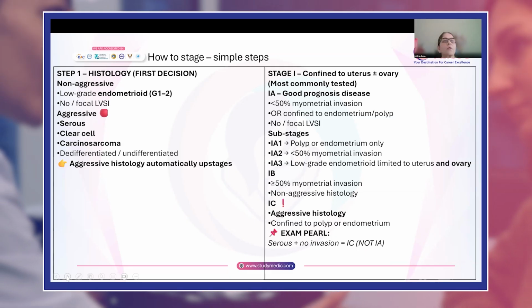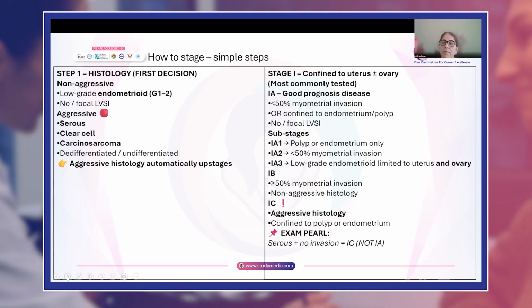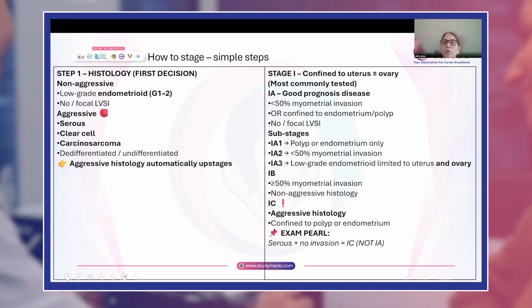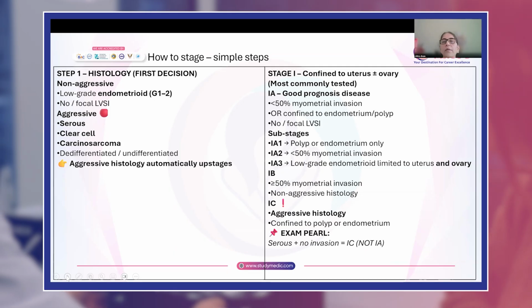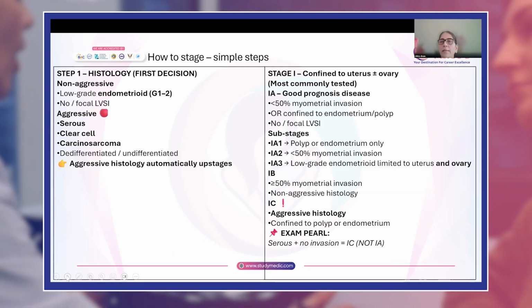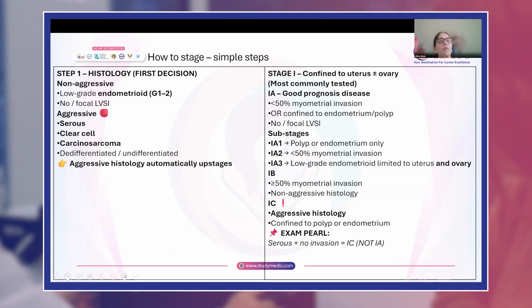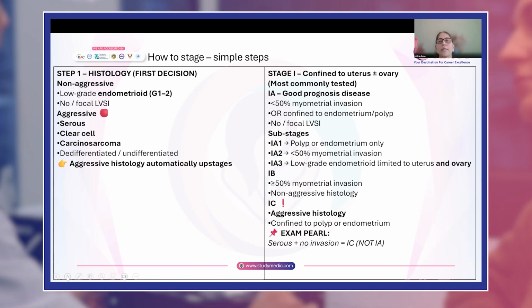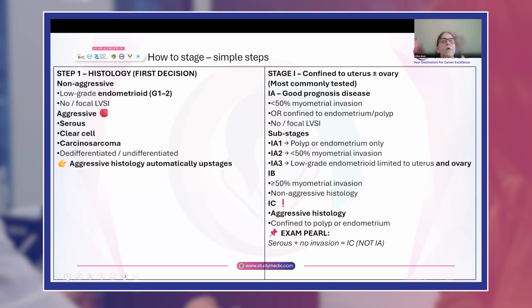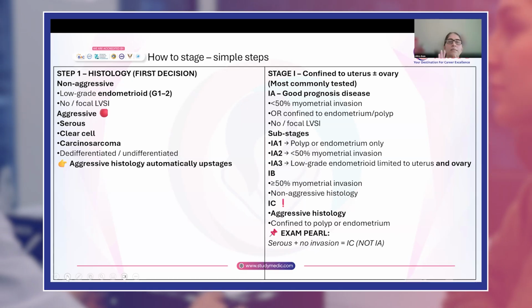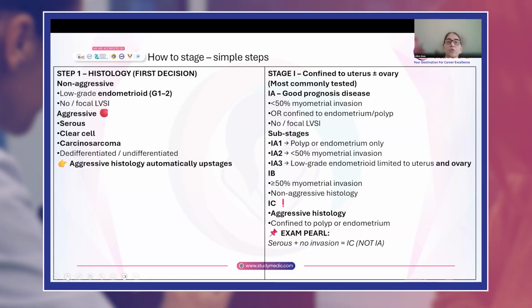Okay. So how do you decide? Remember, whenever it is non-aggressive histology, that means it is low-grade endometrioid, grade 1 to 2, no focal LVSI, you know that it is a low-grade disease and it is usually stage 1. Okay. So first thing, whenever you are staging, first have a look at the histology.